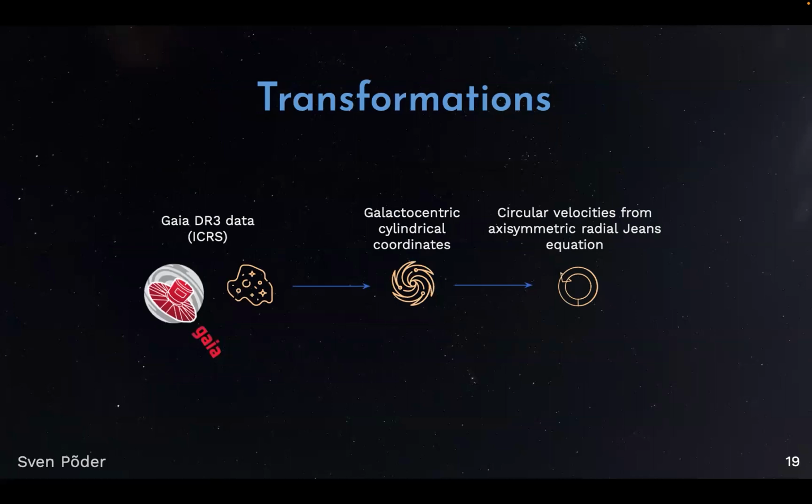Because we have the data from DR3, in the International Celestial Reference System, we need to first transform them into a galactocentric frame and cylindrical coordinates. Then we can get the circular velocities using the axisymmetric radial Jeans equation. So this seems simple enough.